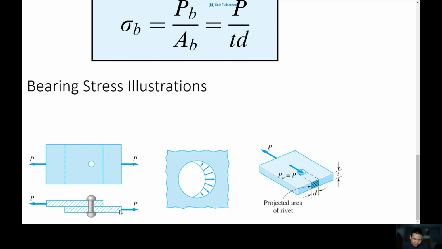Earlier, we applied tensile force on each plate, and basically this bolt will shear, or will tear apart the plate. So instead of tearing the bolt itself, the plate is torn.